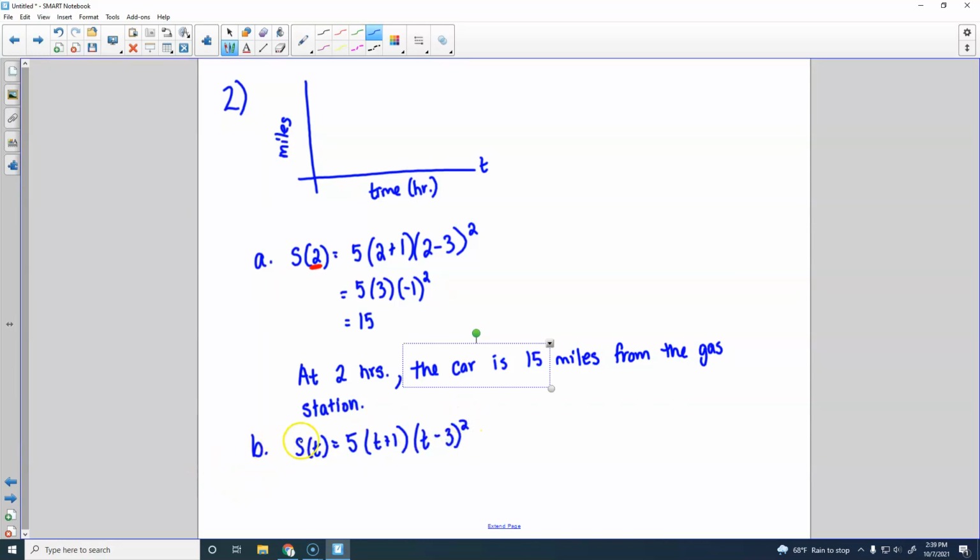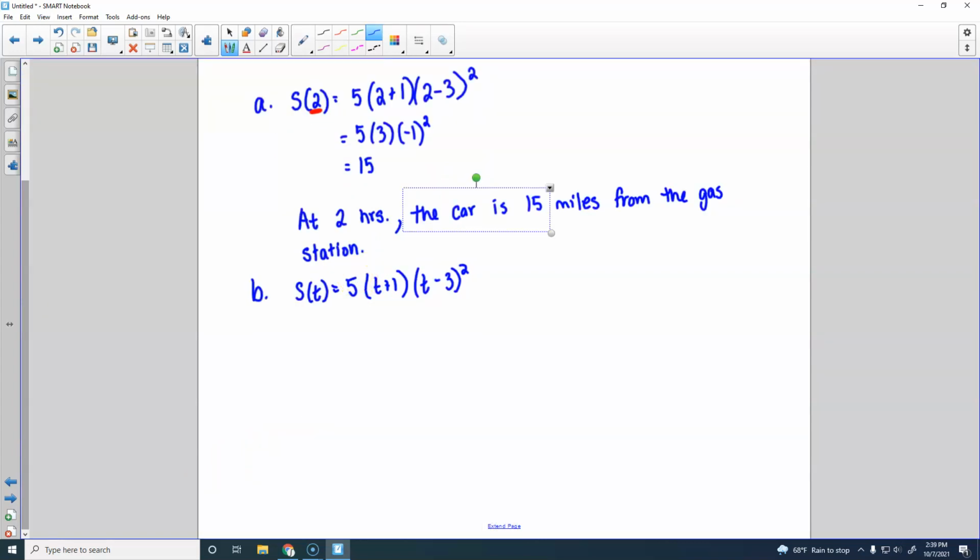You could go ahead and distribute the 5 to this T plus 1 if you want. And then T minus 3 squared is T squared minus 6T plus 9. And then you must distribute.